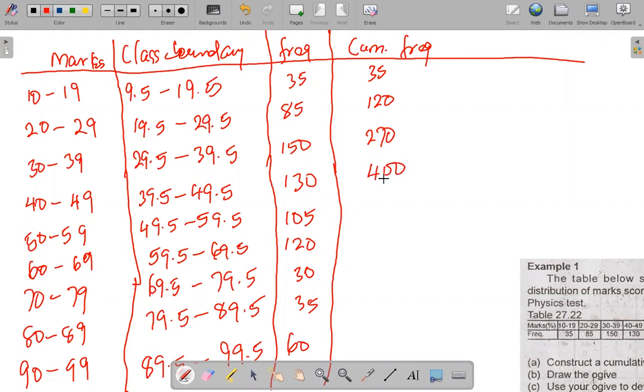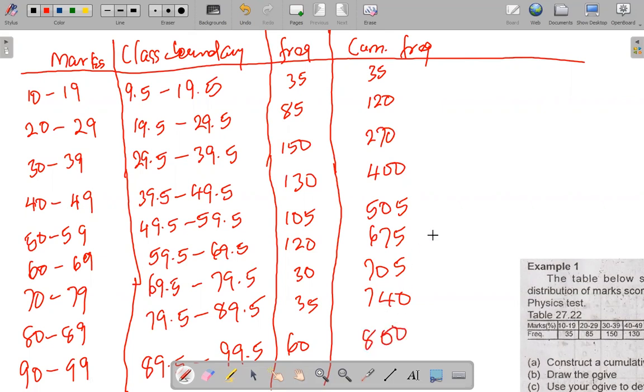And 105 plus 400 is 505. 120 plus 505 is 675. 675 plus 30 is 705. 35 plus 705 is 740. And finally, 740 plus 60 is 800.